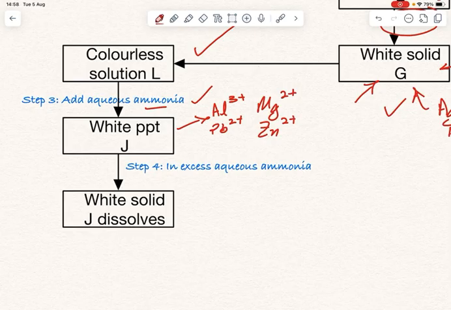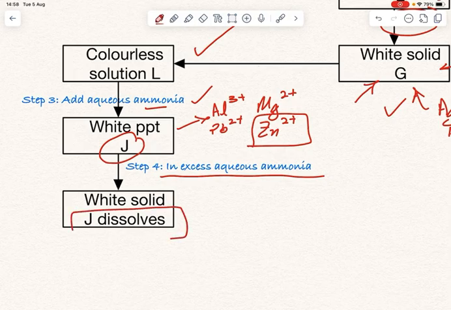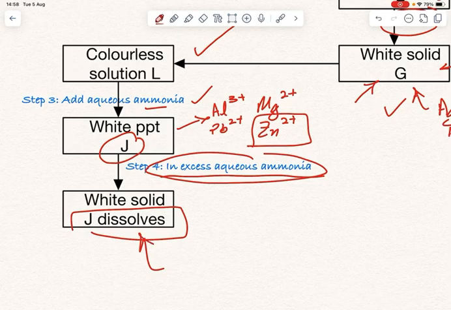But only zinc will be soluble in excess aqueous ammonia. Therefore, the white solid J dissolves when you add excess aqueous ammonia, which means Zn2 plus must be present here. Cool, isn't it?